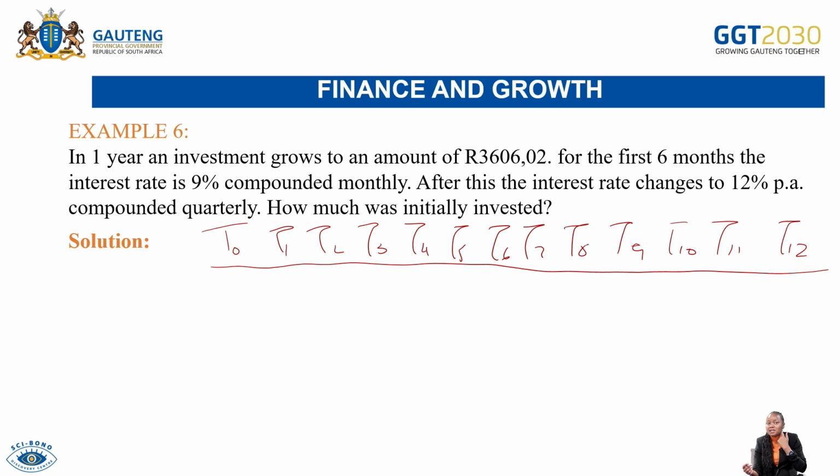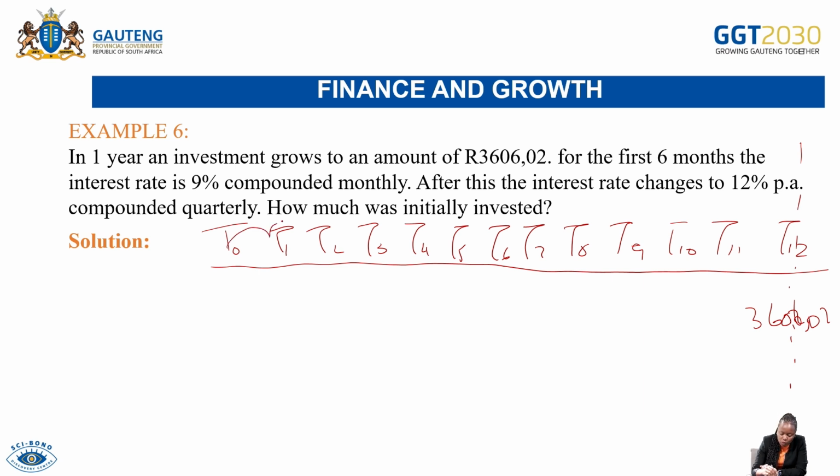Because I've got 12 months in a year. So an investment grows to an amount of 3,606.02, which means for my A, at T12, I will have 3,606.02.